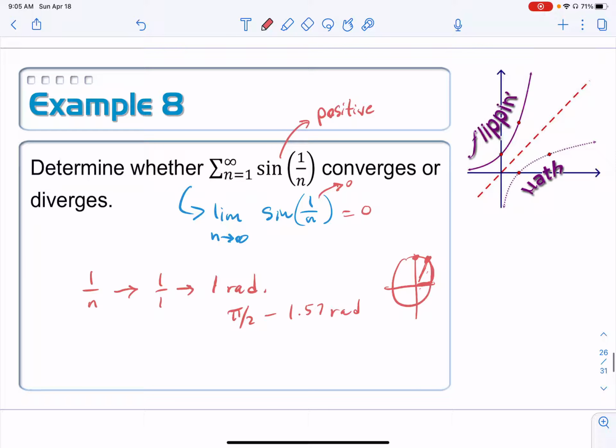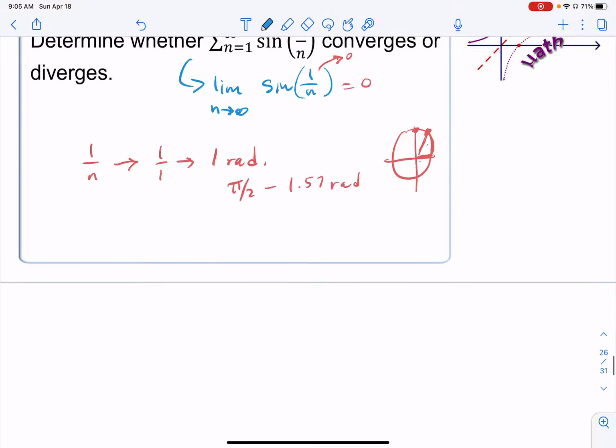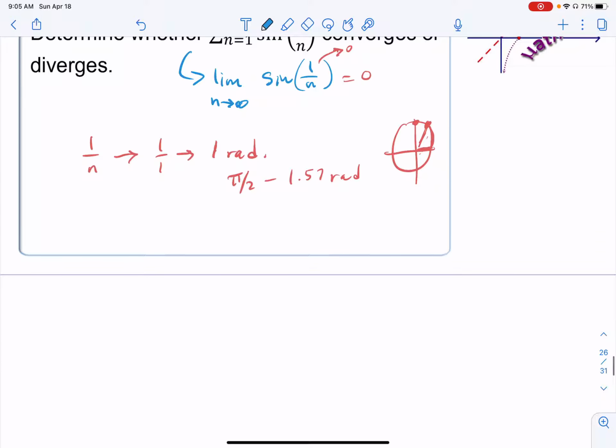So the next thing is, what are we going to compare it to? Well, we do have 1 over n right here, which is the divergent harmonic series. Let's try comparing it to that series. That's the only thing it seems to resemble in any kind of way.